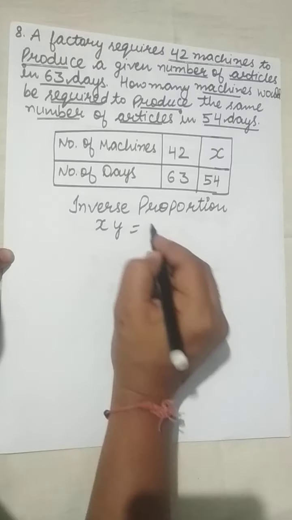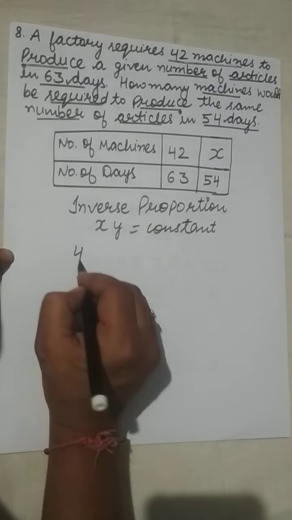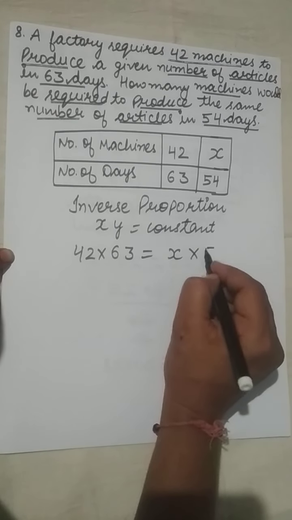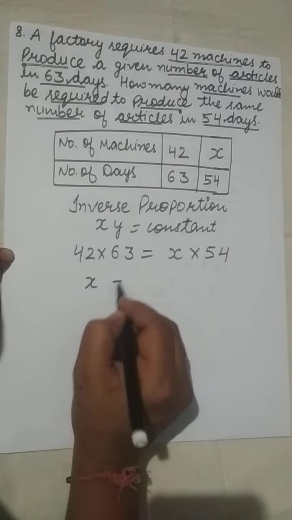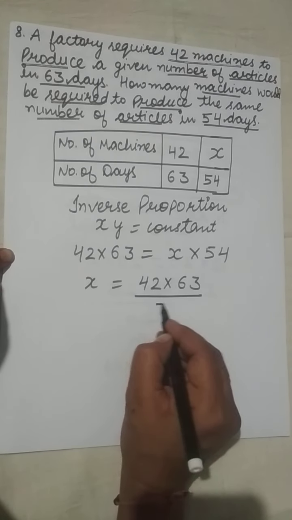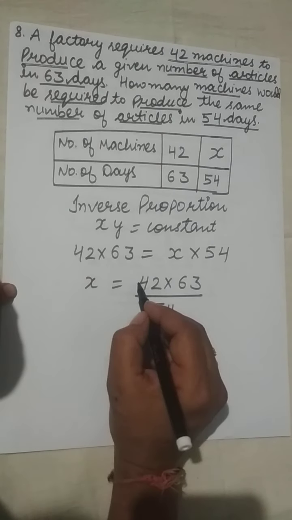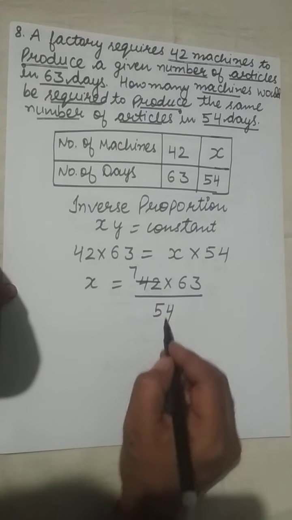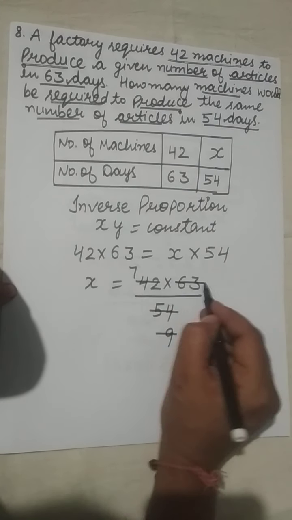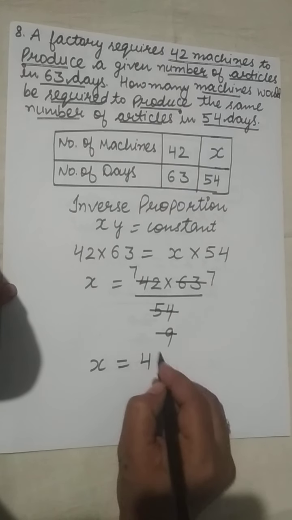xy must be equal to a constant. So 42 multiplied by 63 must be equal to x multiplied by 54. x is equal to 42 multiplied by 63 divided by 54. 7 sixes are 42, 9 sixes are 54, 9 sevens are 63 and 7 sevens are 49.